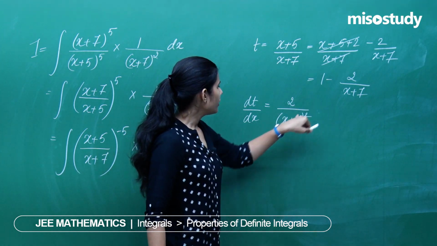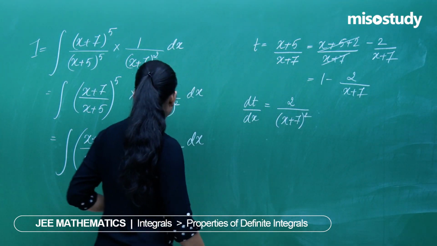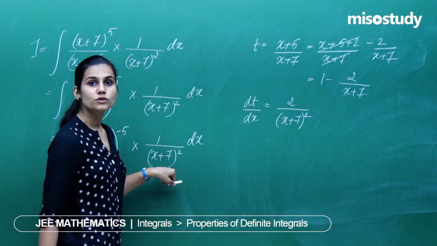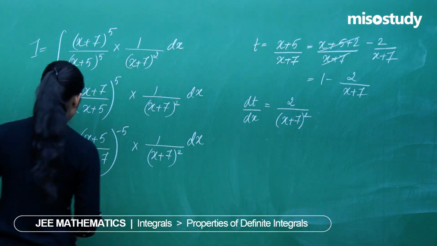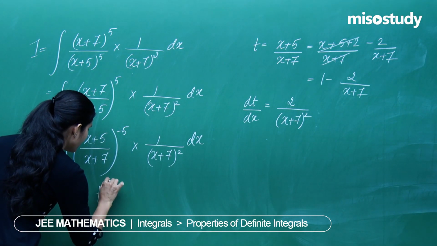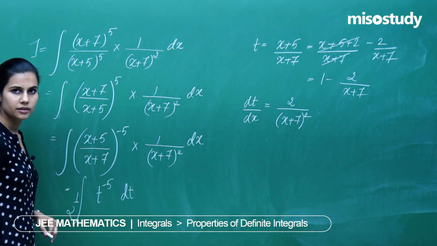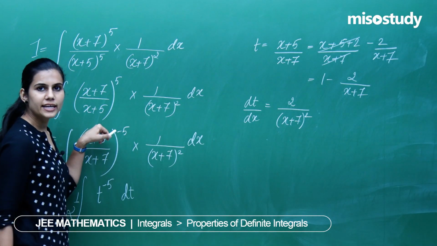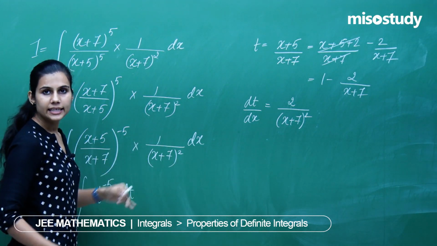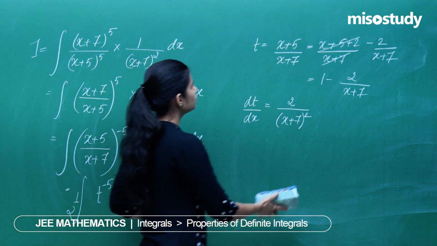That means dx upon (x plus 7) whole square is dt upon 2. So you basically get t to the power minus 5 dt upon 2. That is why I had reciprocated this, so that this term can be dealt with when I am substituting.